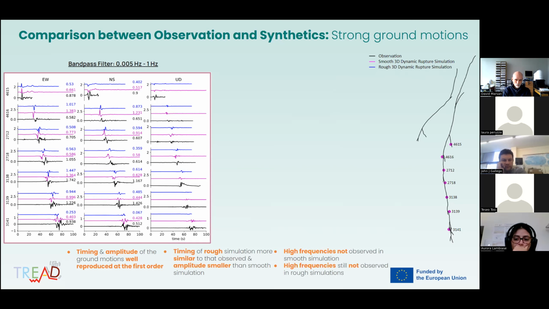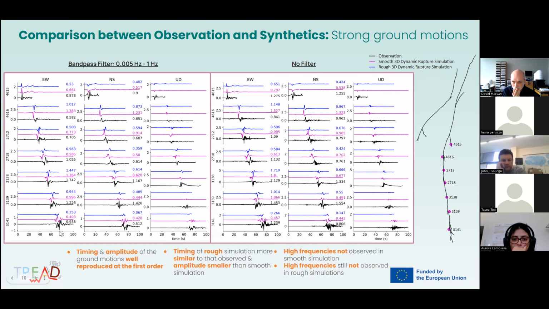But overall, both don't really seem to reproduce the high frequencies that we can see in the observed data. So I took a look at that without any filtering applied, and there still don't seem to be these high frequencies.